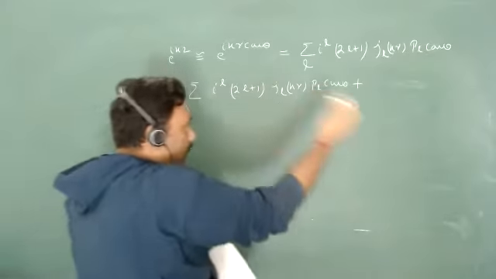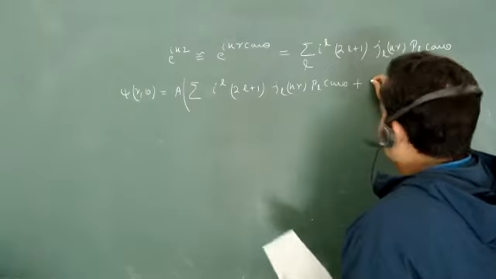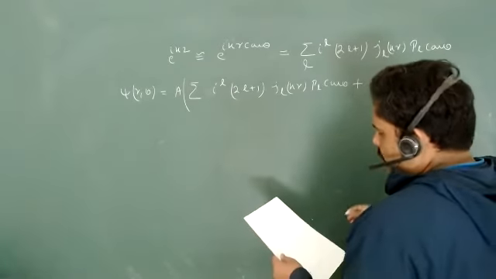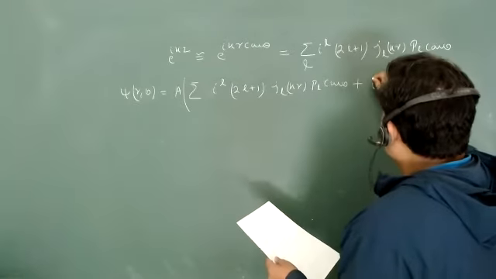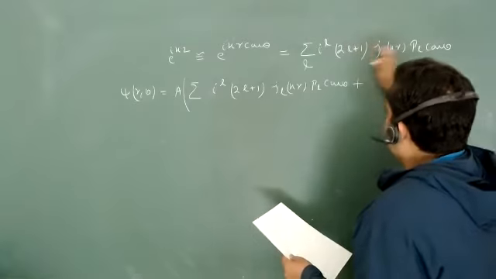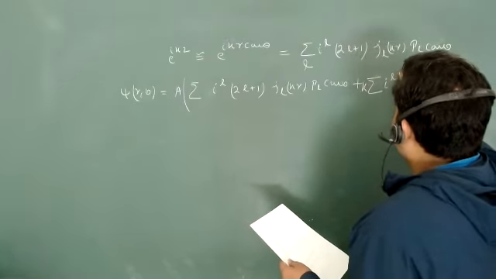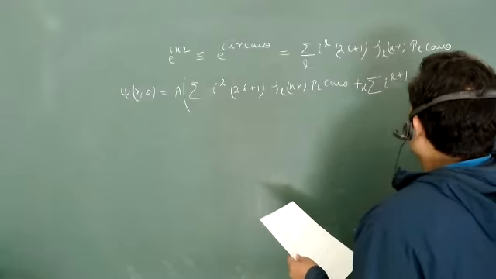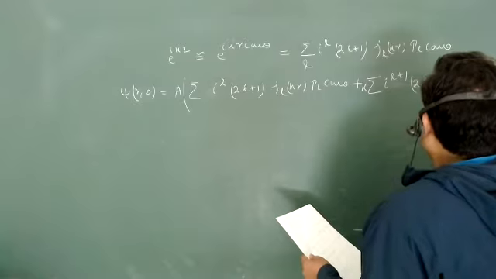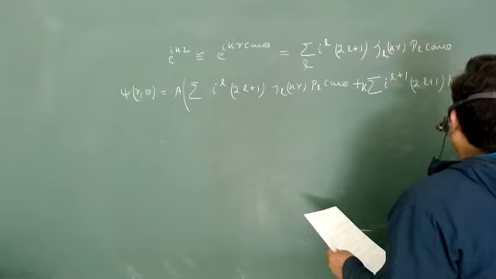plus the scattered part. What was the scattered part here? That will be, sorry, summation over l of i to the power l plus 1, (2l plus 1), and we have h_l(kr) and P_l(cos theta).